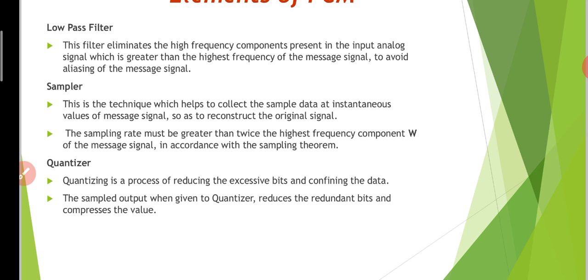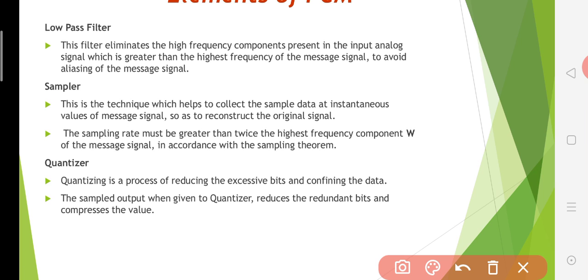Actually, here this is the continuous signal, having the instantaneous values of the original information signal, for example a voice signal. In digital communication, we don't collect the entire signal.